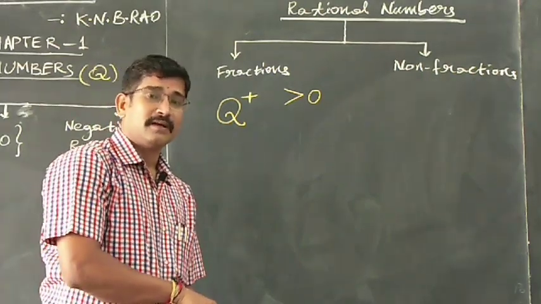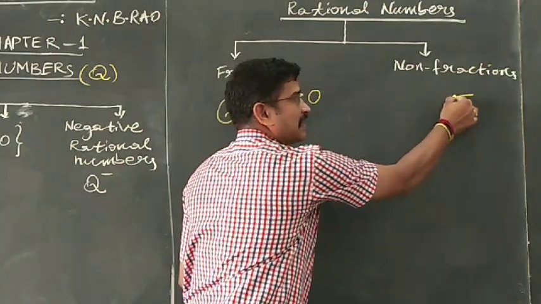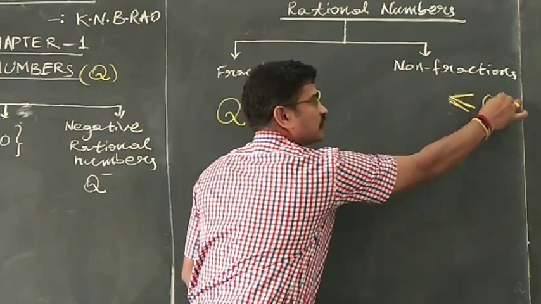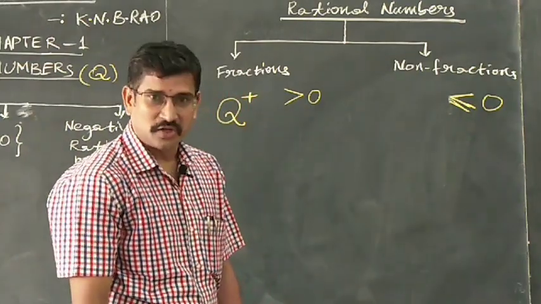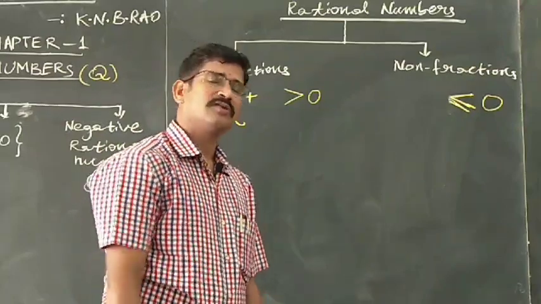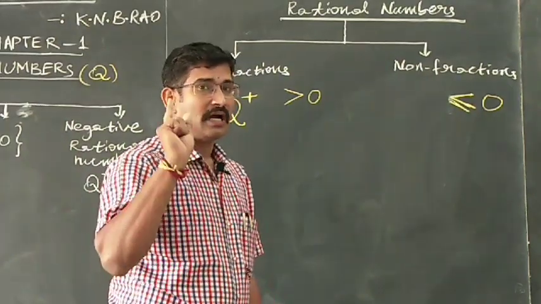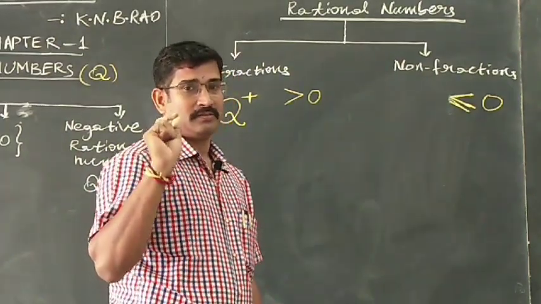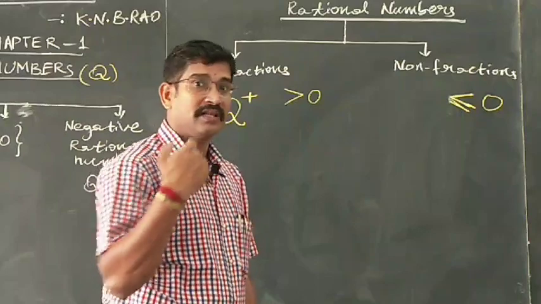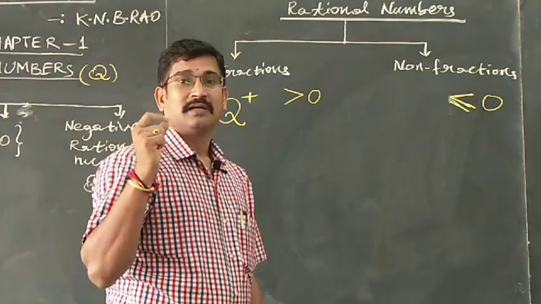Non-fractions means the numbers which are less than or equal to 0. 0 is also not a fraction, as well as all negative numbers less than that. Try to understand, I am talking only about those decimal numbers which have either terminating or repeating decimal portions.